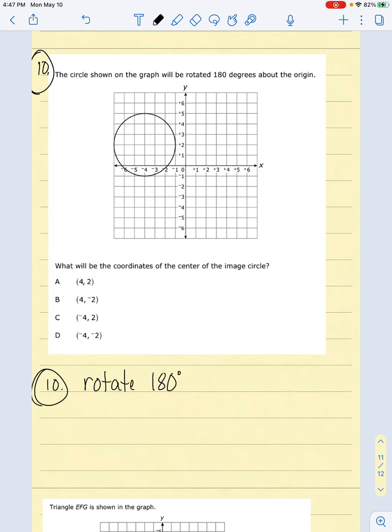Rotate 180 degrees. Rotate means to turn, and 180 degrees is 2 turns. And it wants to know what the coordinates of the center of the circle will be. So first, let's find the center of the circle. When I do that, I notice it's at -4, 2. Now, if you'll remember, with a 180 degree turn, it doesn't matter which direction.